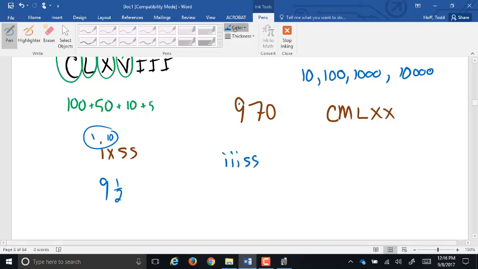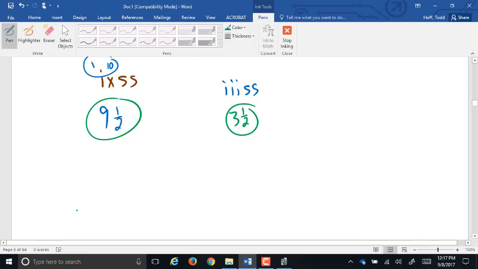SS, 3.5. Okay. I think you guys got it. What you actually have to do is relatively simple.